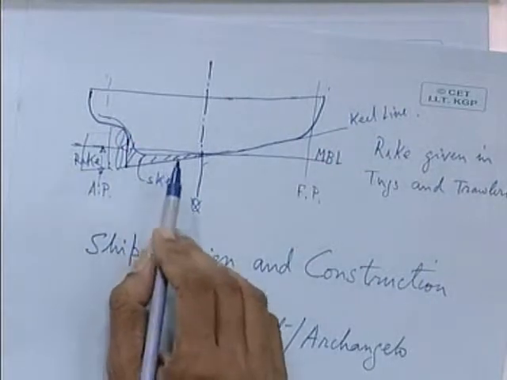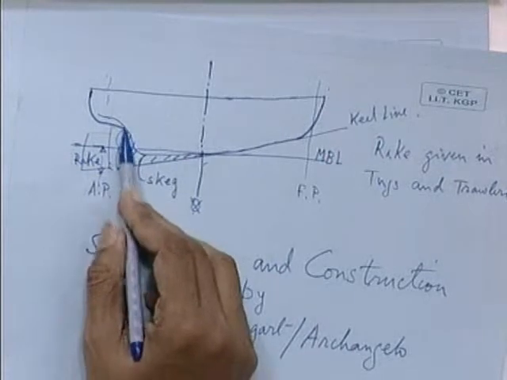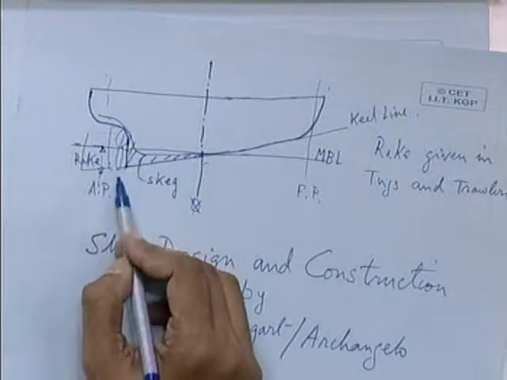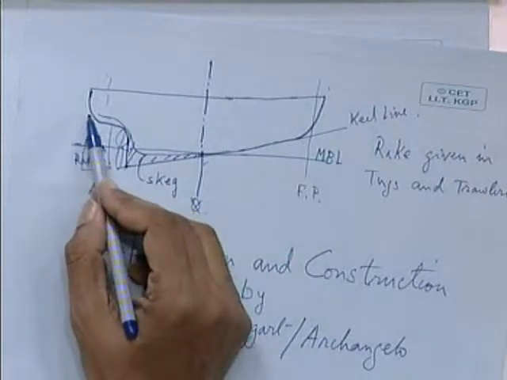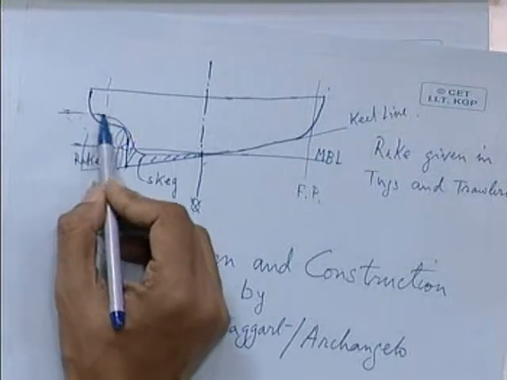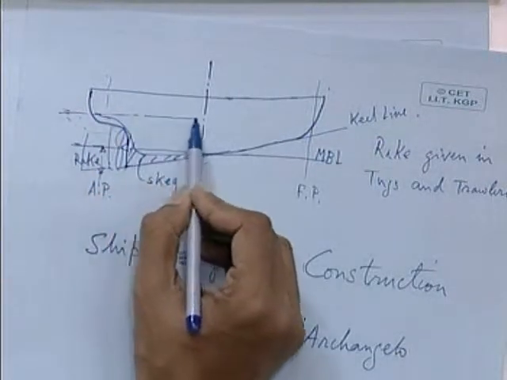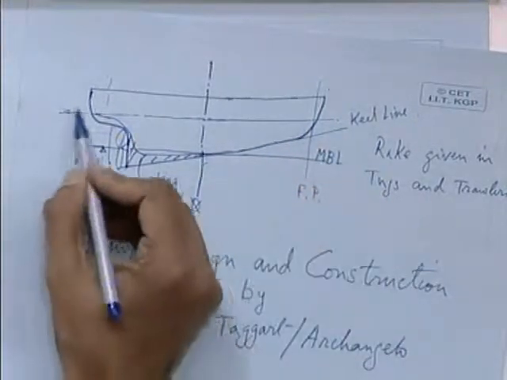So, these are the two important reasons. Another important reason is that by giving a rake of keel, you are increasing the draft at the after perpendicular. So, here you can see the draft at the after perpendicular is fairly larger than the draft at the forward perpendicular.